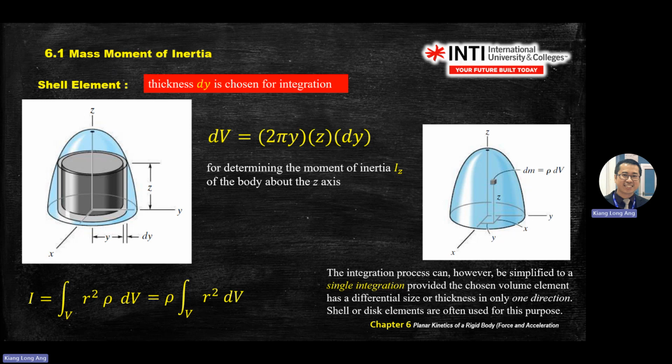So how do you find volume of a drum shape? You take the circumference, then you multiply by thickness, then you multiply by the height. Okay. So dV equals 2 pi y multiplied by dy and dz. So this is how you find your shell volume.